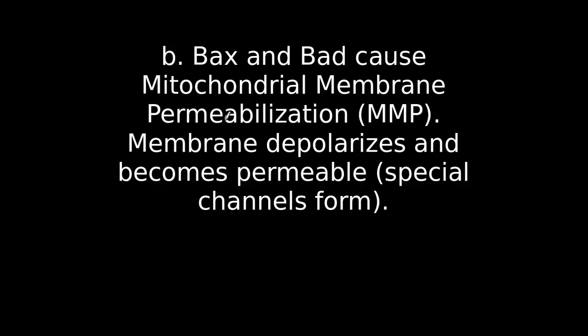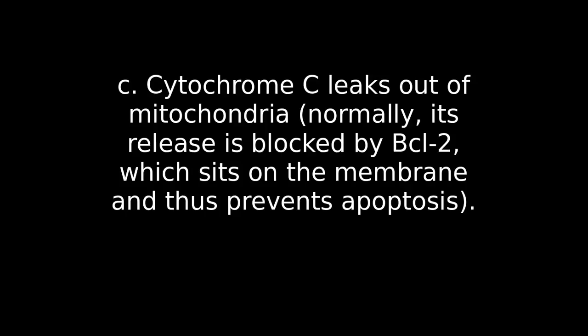And these cause something called mitochondrial membrane permeabilization. A lot of holes get punched in the mitochondrial outer membrane, and the membrane depolarizes and becomes permeable. So all of the charges in there start to spill out, special channels form, and you start losing the contents from inside the mitochondria to the outside.